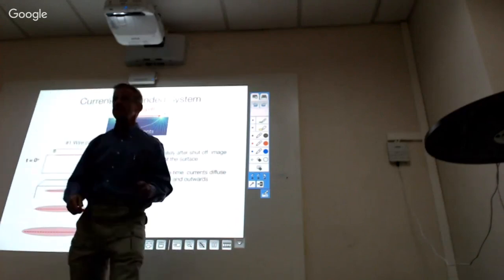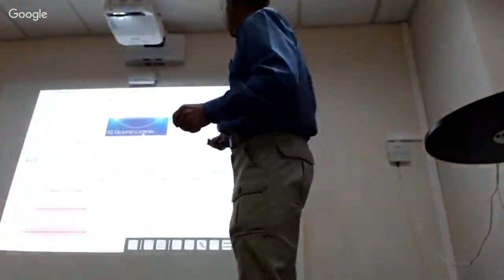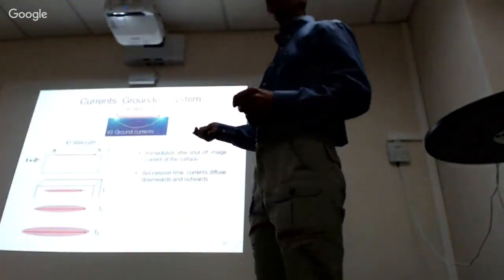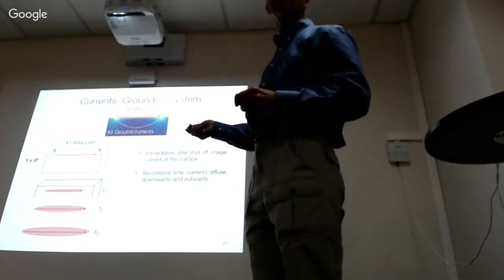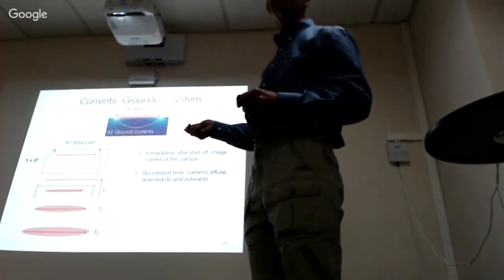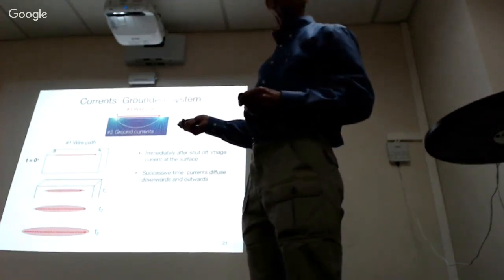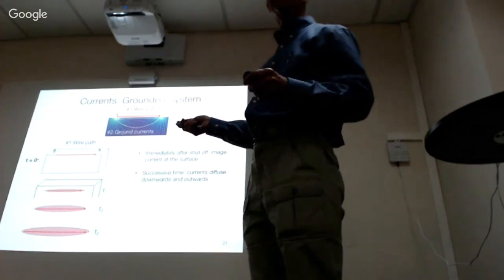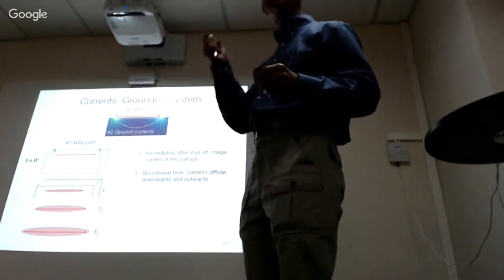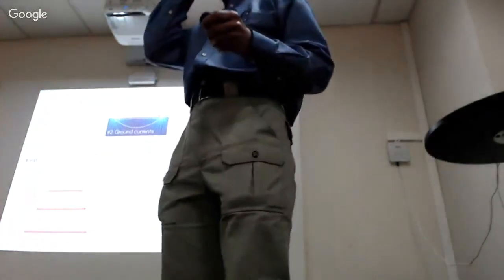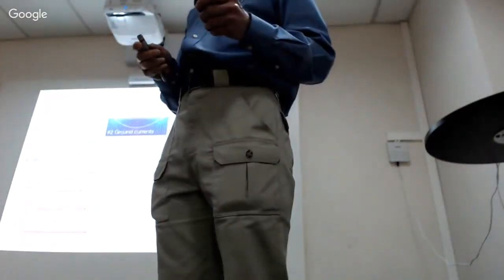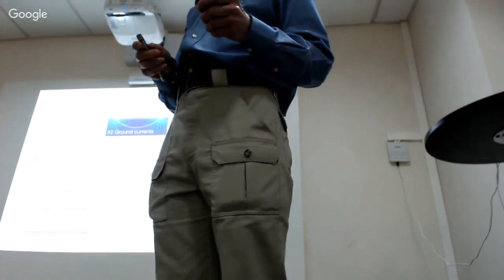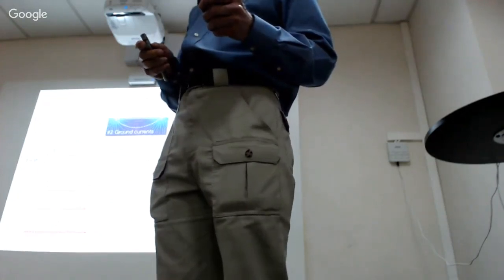What about this stuff here? The moment I turn that generator off, what happens to those currents? They have inertia. Inertia? The moving charges are still with velocity, so they will keep moving on for a little while.